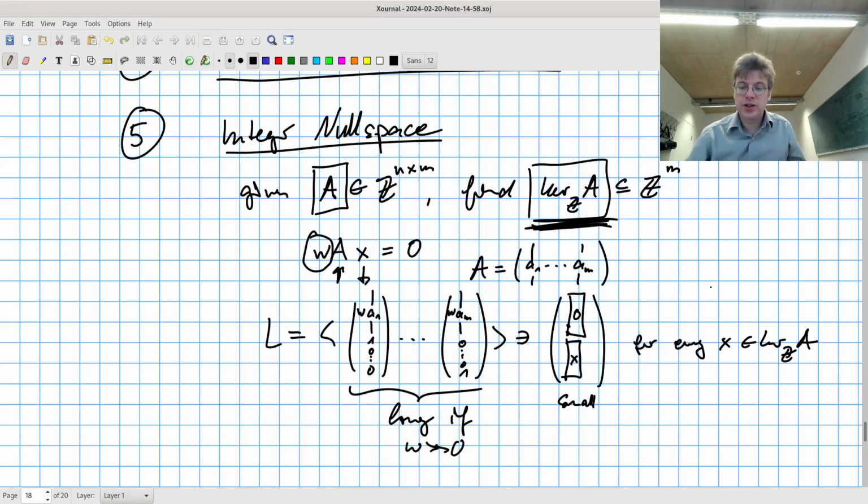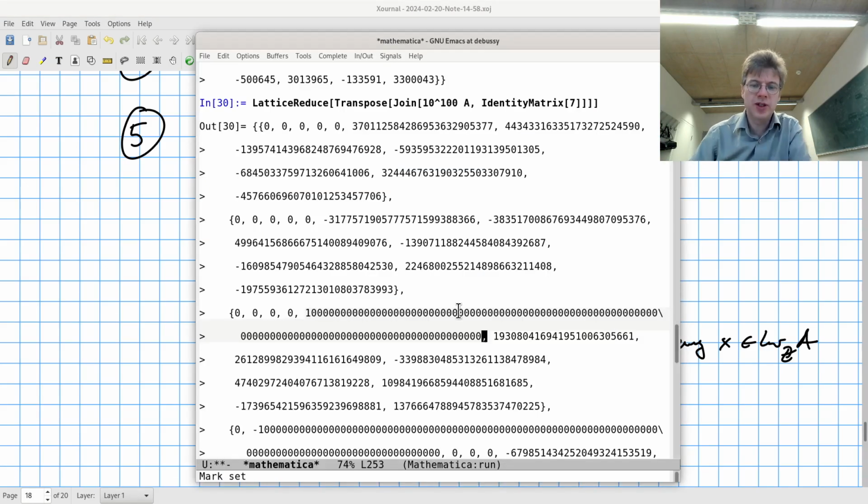Every non-zero vector here at this point will contain every entry in the top n rows as a multiple of w, and unless it's 0, it means it's a very big number. So this is what we observe here.